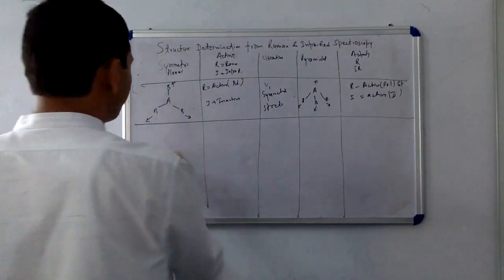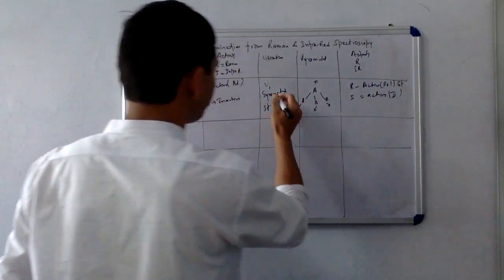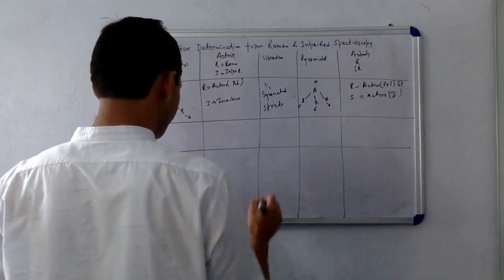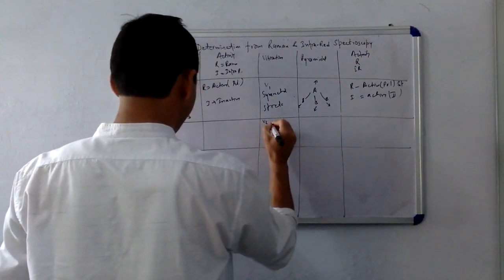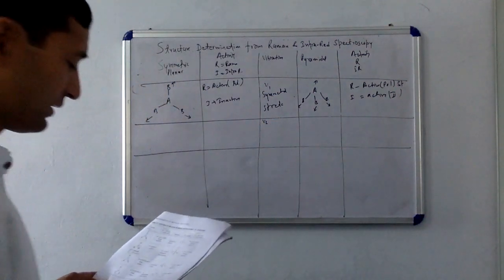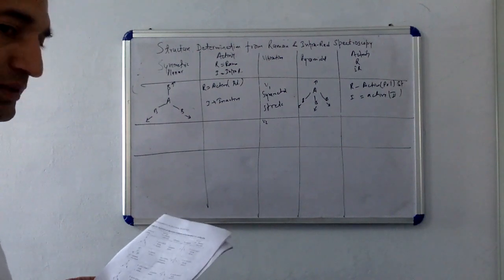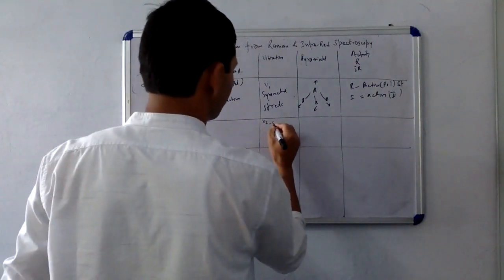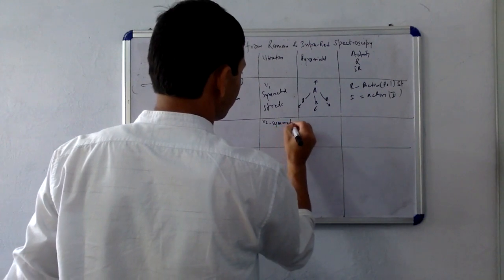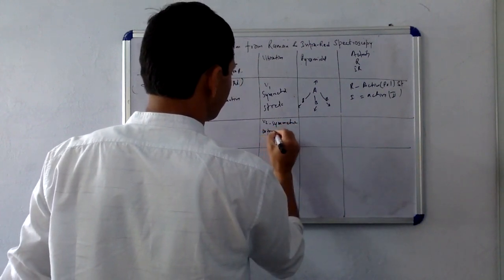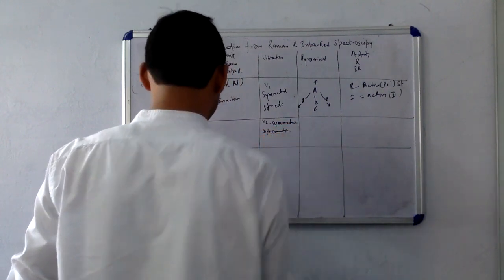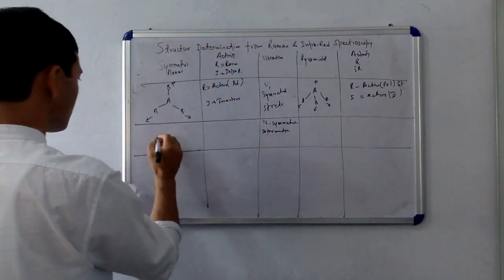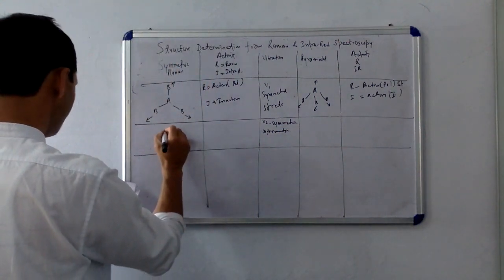Another type of vibration, V2, is the out-of-plane symmetric deformation. Out of the plane, but a symmetric deformation. In this case, you have this A and these B atoms.